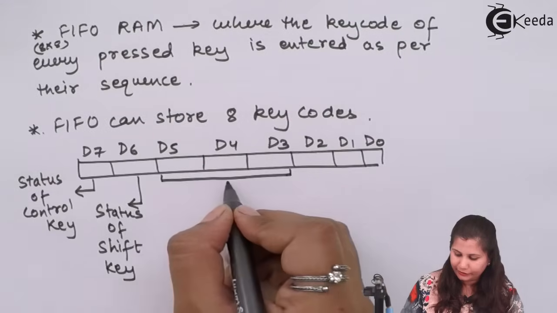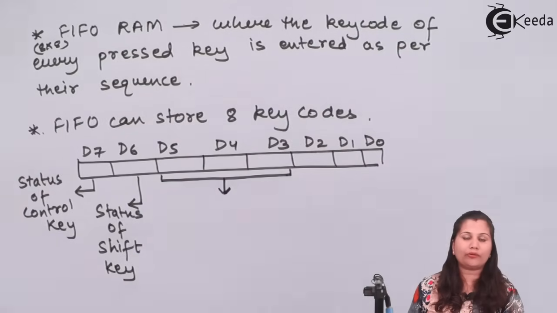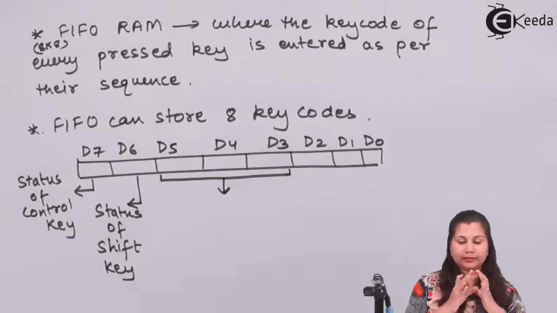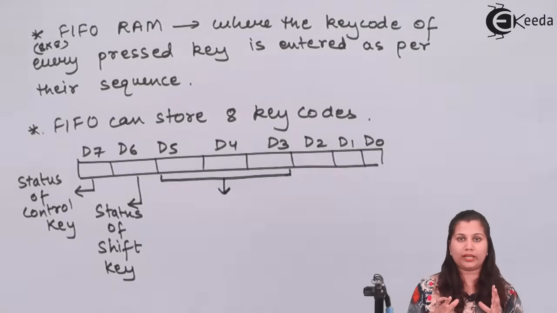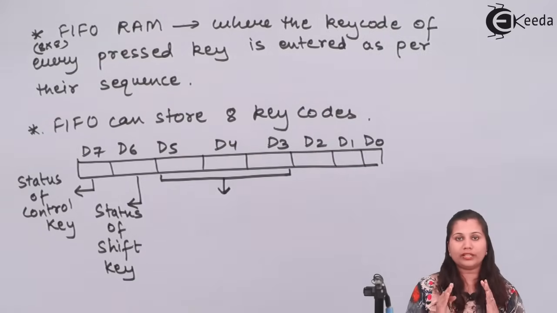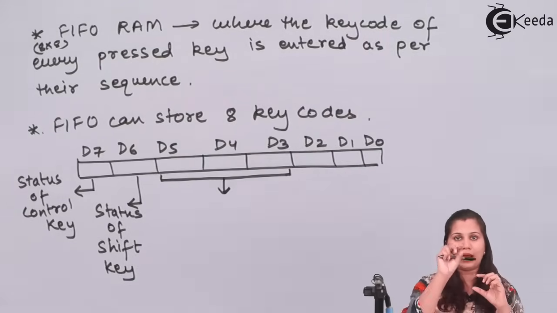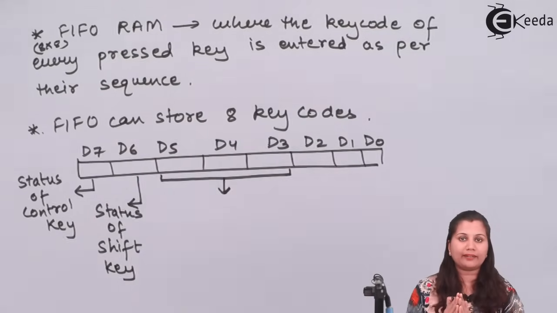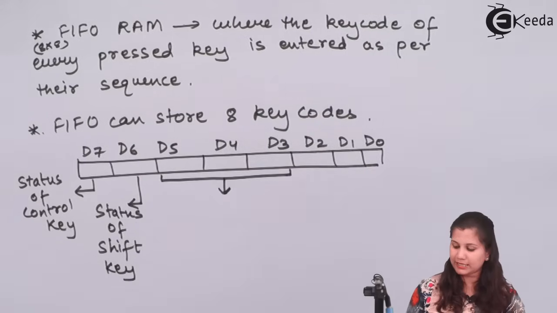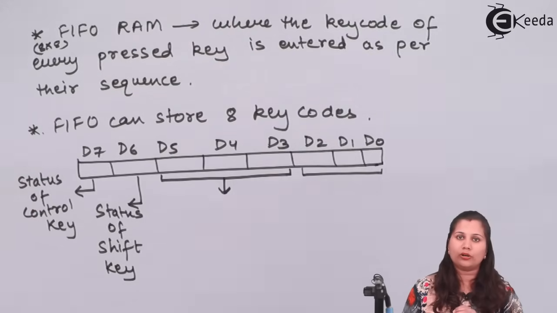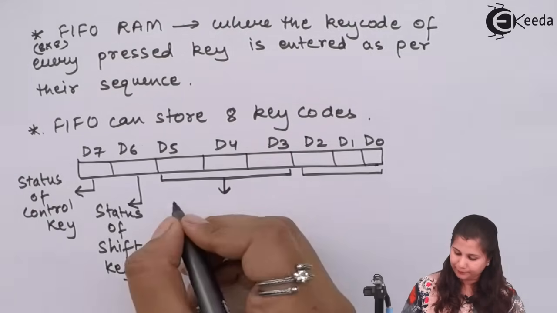D5, D4 and D3 are the binary value of the row in which the key is closed. Because we want to send the information to the CPU, the keyboard has 64 keys, and these 64 keys are placed in some rows and columns. We want to give the information to the CPU that in this row and in this column the key is pressed. So D5, D4 and D3 are the binary value of the row in which the key is pressed, and D2, D1 and D0 are the binary value of the column in which the key is pressed.